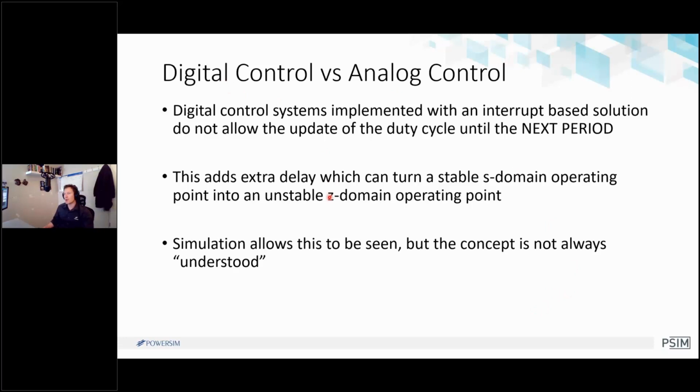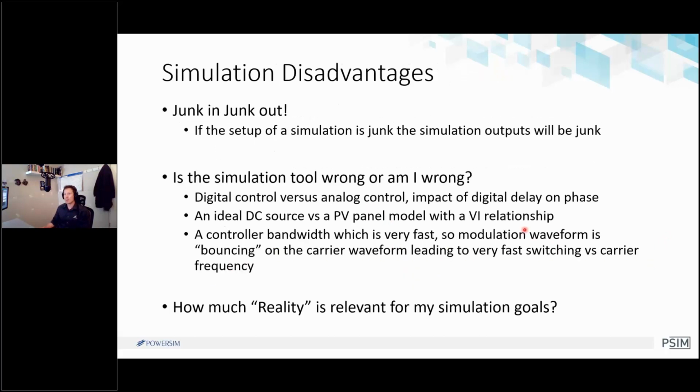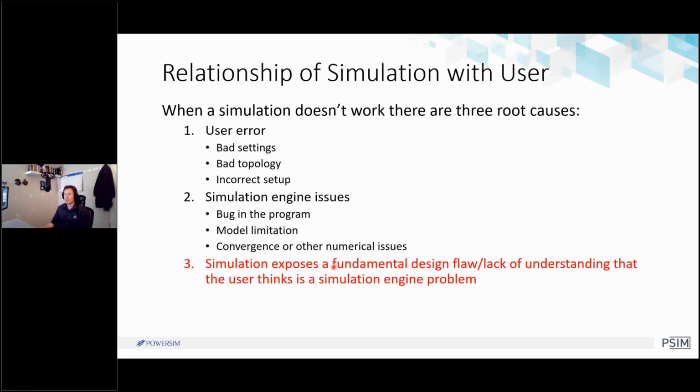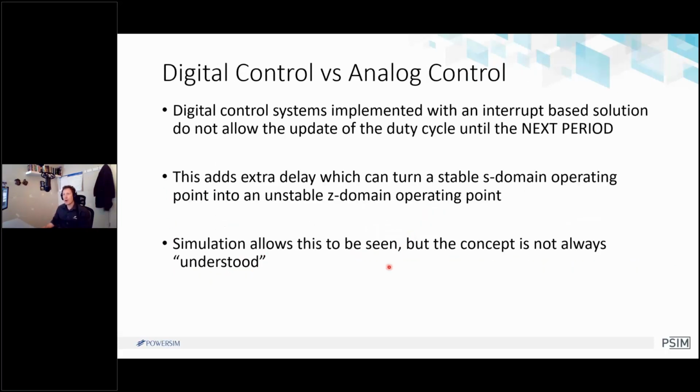So, clipping along here. Digital control, my next point. If we come back on my slides here to some of my favorite issues that people come up with: digital control versus analog control. A digital control system based on microprocessors updates the duty cycle at the beginning of the next period.